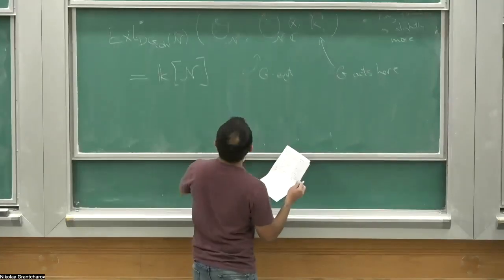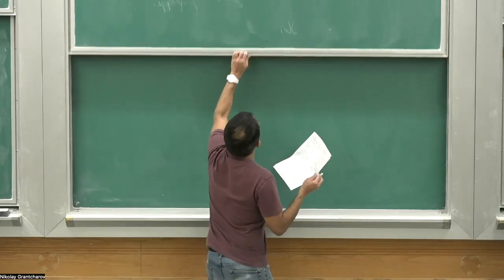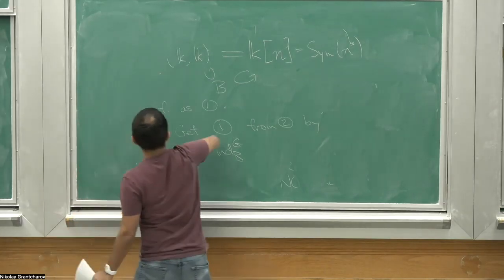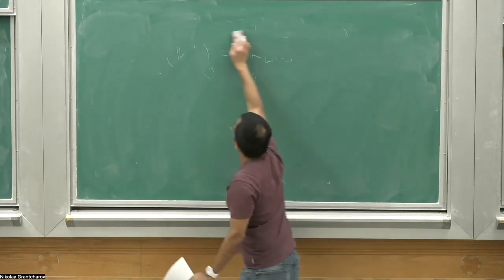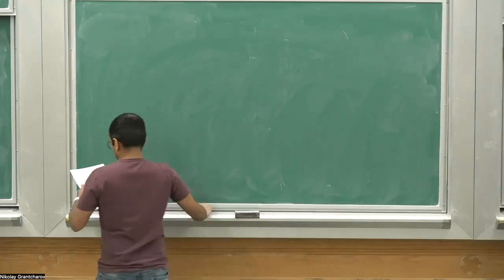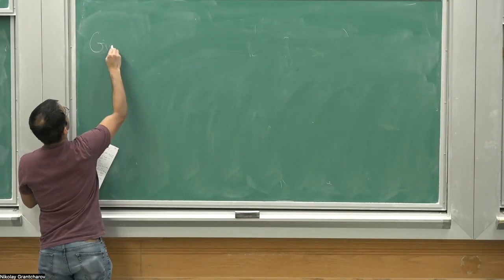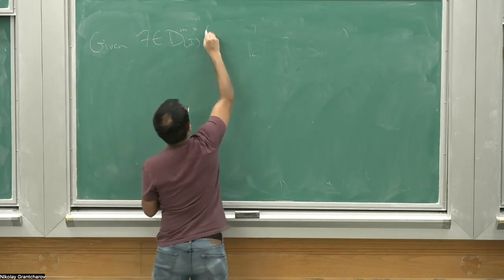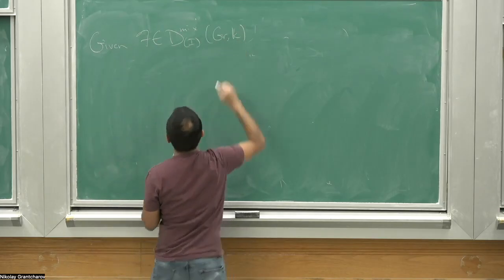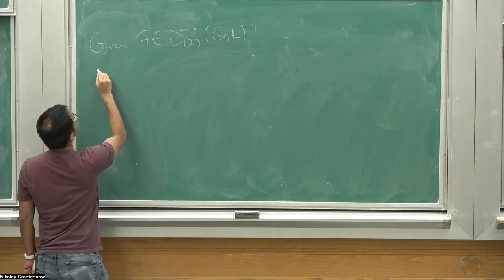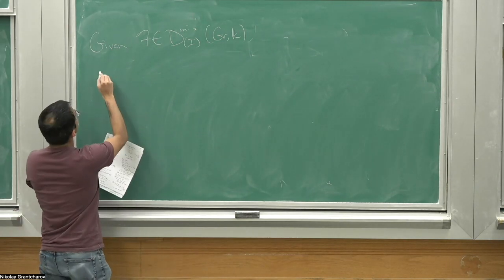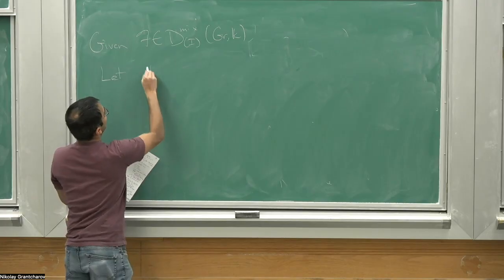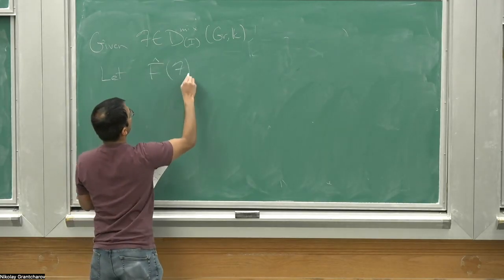So, given curly F in D mix I over K, I'm going to let F hat of curly F be the following.